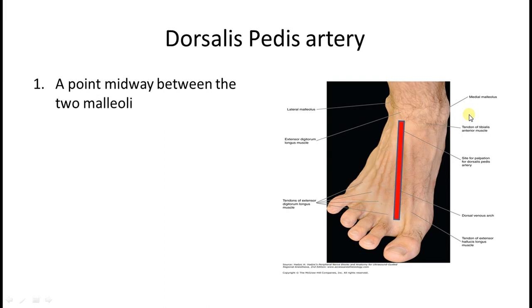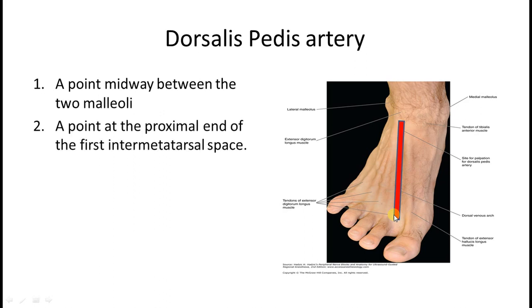The next very important one is the dorsalis pedis artery. Take the midpoint between the two malleoli, the medial malleolus and the lateral malleolus. Then the proximal end of the interdigital space, or you can call it the intermetatarsal space.